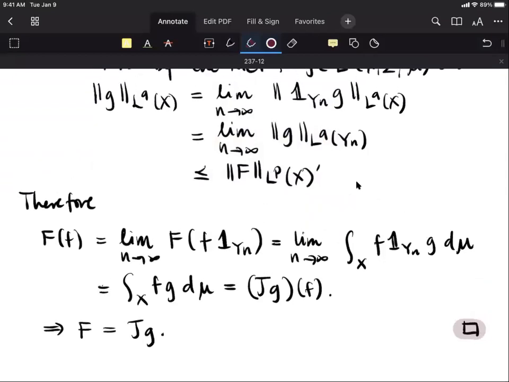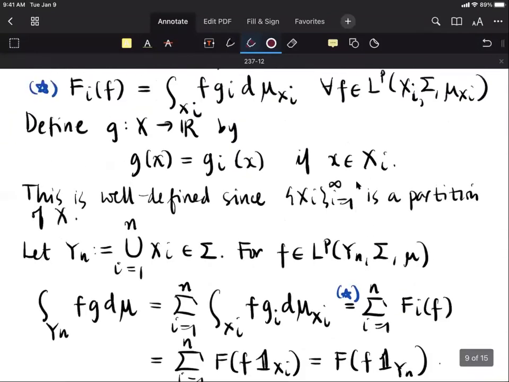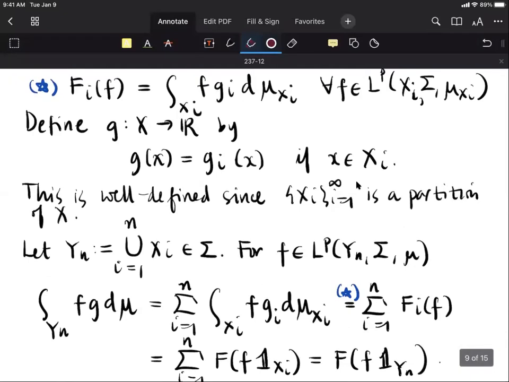So again, the main idea is to partition your X into measurable sets having finite measure. You consider the restriction measure spaces and apply the finite case. And you combine the smaller sets, here denoted by Y n, the first n sets, and apply the monotone convergence theorem for Lebesgue integrals.